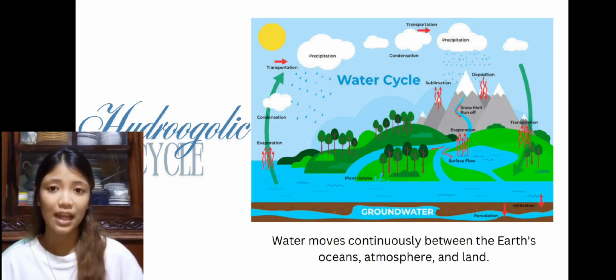Eventually, the clouds get too full and the water falls back to earth as rain or snow. The water flows over the land and into rivers, lakes, and oceans. Some water soaks into the ground, becoming groundwater.